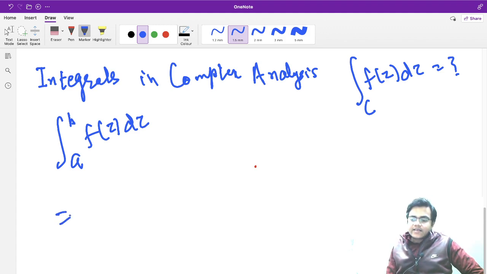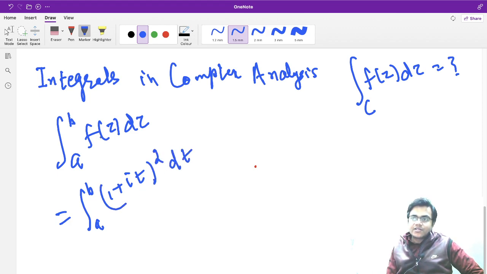For example, if I give you the integral from A to B of (1 plus iota t) whole square dt. Certainly this is a complex integral. All right, and let's take A equals 0, B equals 1, and then we will come to the contour.